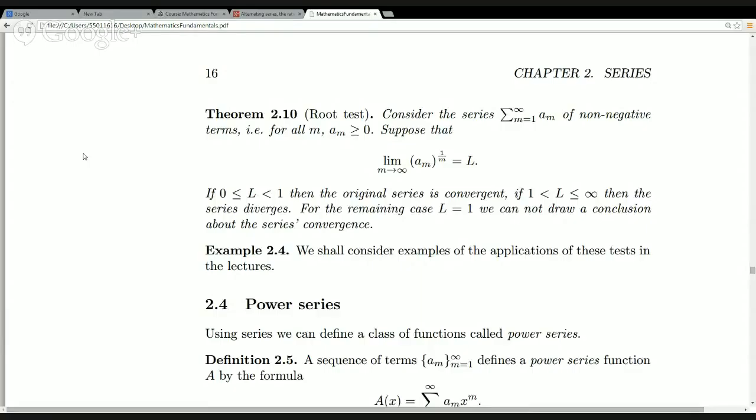But it's a general term divided by the one that came before it. So what would this look like? This would be the limit as n goes to infinity. So a_{n+1} will be n plus 1 over 3 to the power n. That's a_{n+1}. And then we need to divide it by a_n. Well, dividing it by a_n will be the same as multiplying it by its reciprocal.